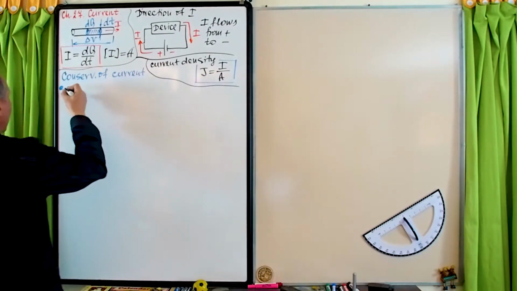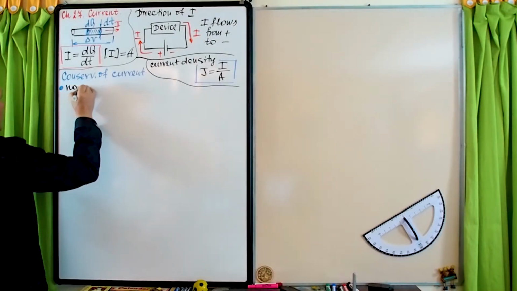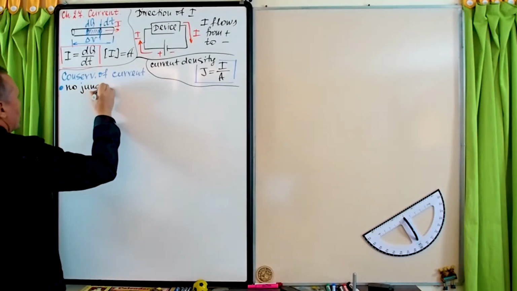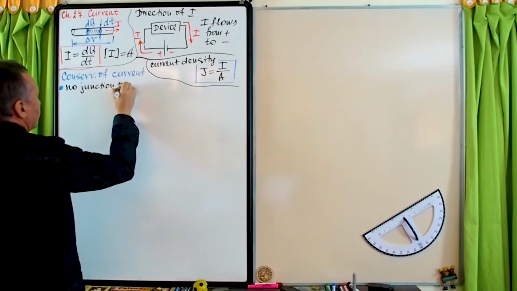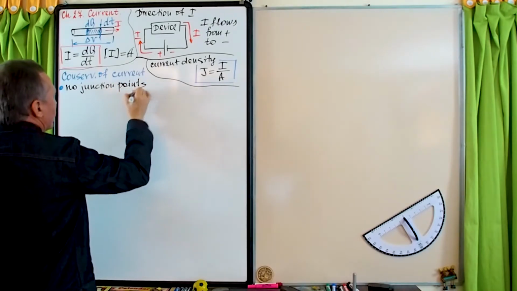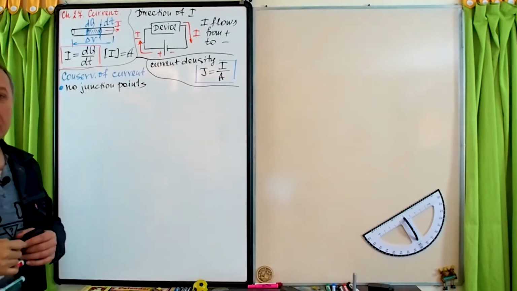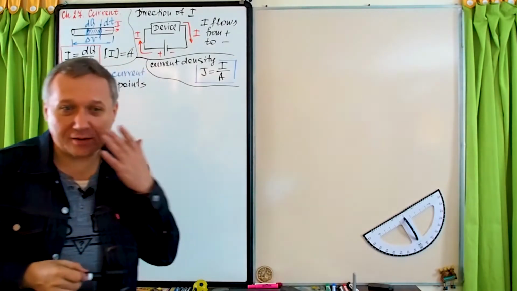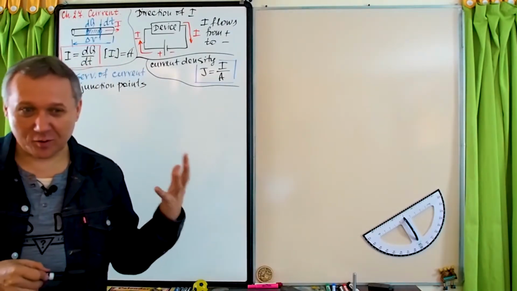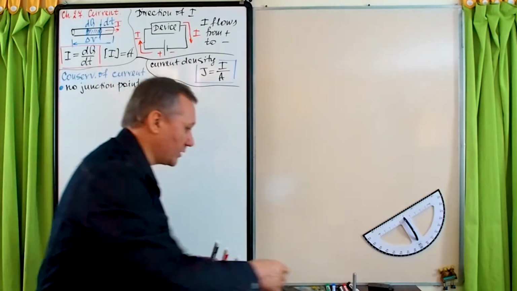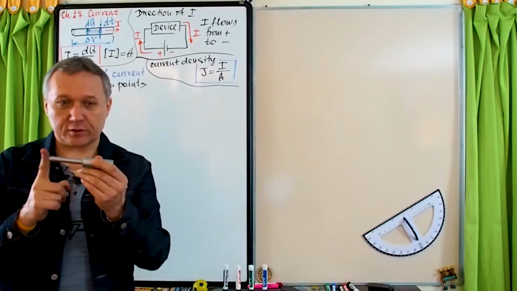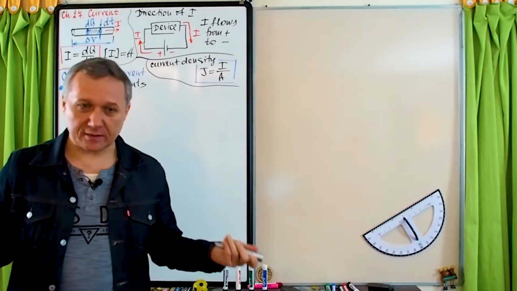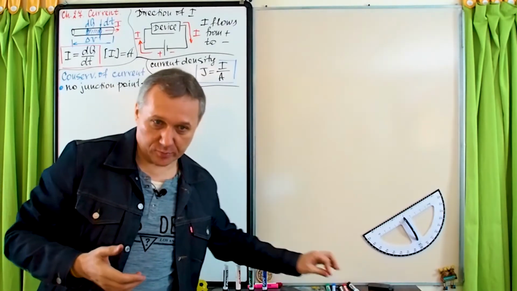So if there are no junction points, in that case, it doesn't matter where you measure your current, at this cross-sectional area, or here or there, it doesn't matter. Current is going to be the same.